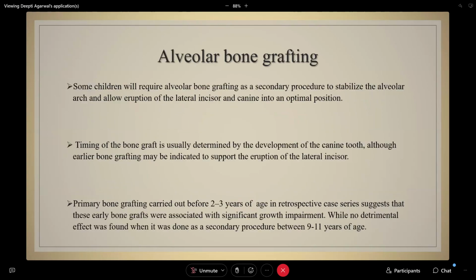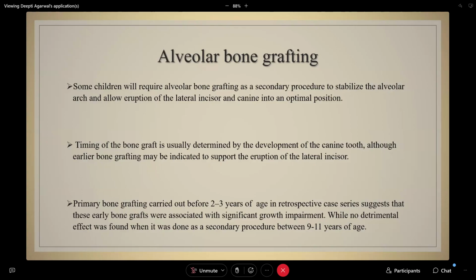Then alveolar bone grafting. It is also done as a secondary procedure to stabilize the alveolar arch and allow eruption of the lateral incisor and canine into an optimal position. The timing of bone graft is determined by the development of the canine tooth.